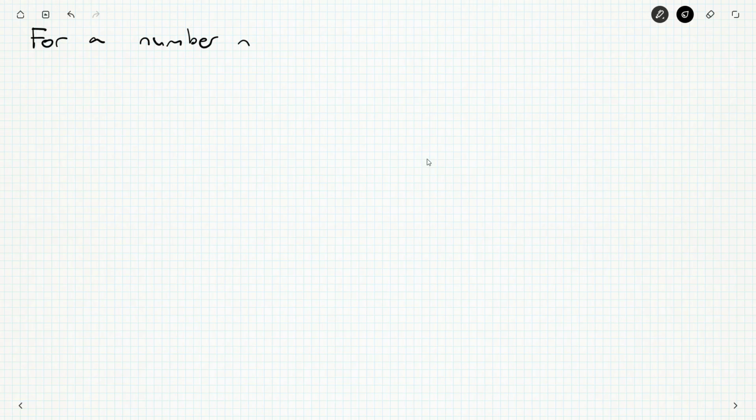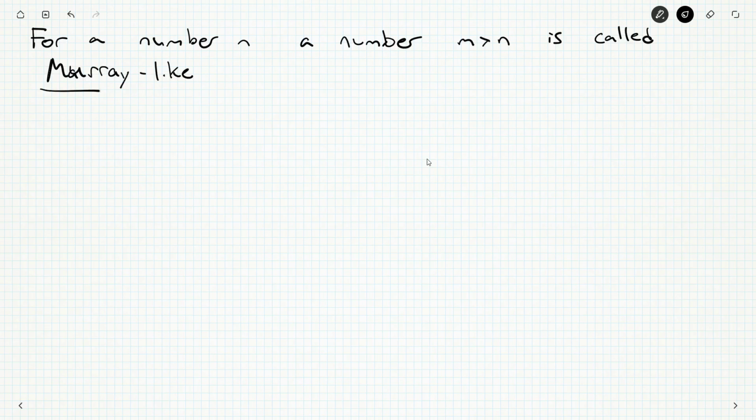For a number n, a number little m greater than n is called Murray-like. I tend to underline the term we're defining.